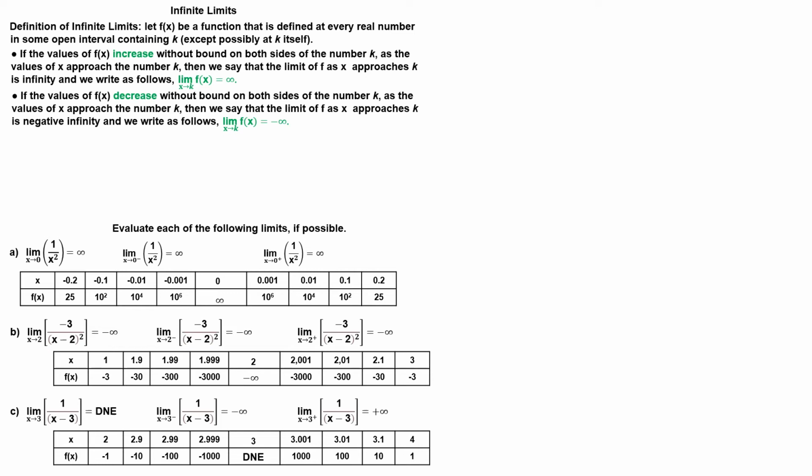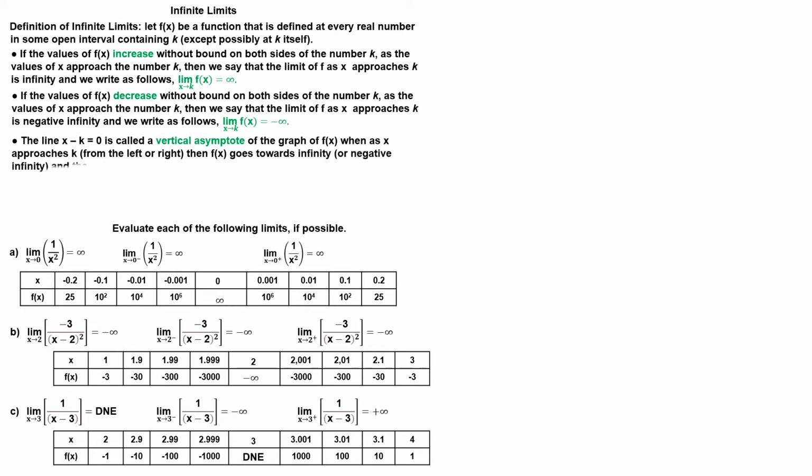An asymptote is a line that a curve approaches as it moves towards infinity. We formally define a vertical asymptote as follows. The line x minus k equals 0 is called a vertical asymptote of the graph of f of x when, as x approaches k from the left or right, f of x goes towards infinity or negative infinity, and the points on the graph of f of x get closer to the line x minus k equals 0.